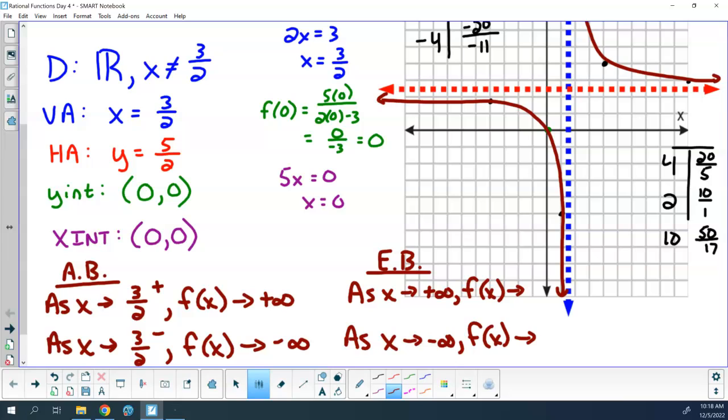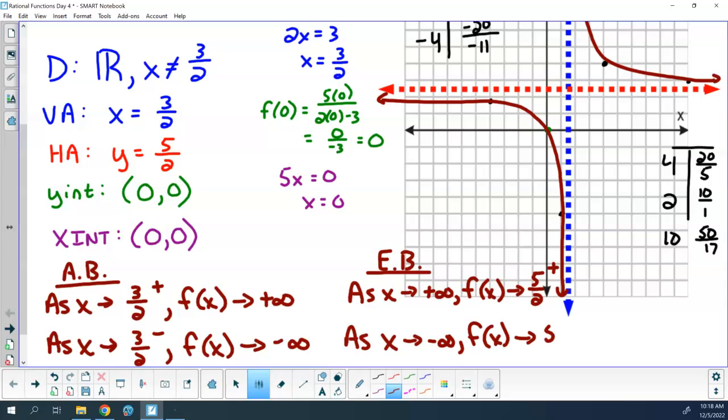From above or from below? From above. So that would be 5/2 from above. As the function gets closer and closer to me, because I'm on the left side of the graph now, what's it getting closer and closer to? 5/2 from below.